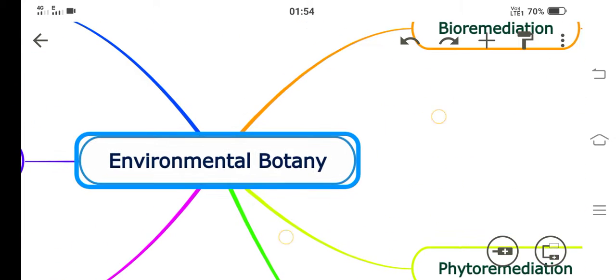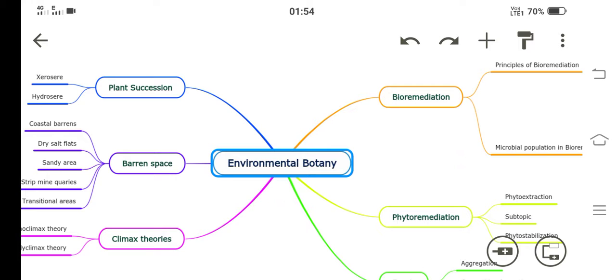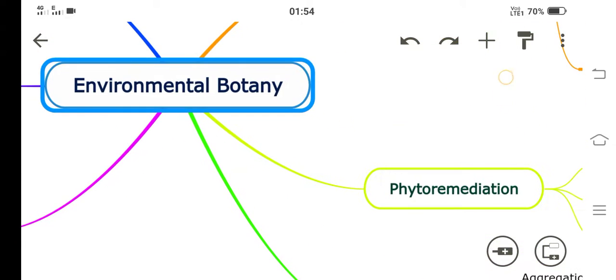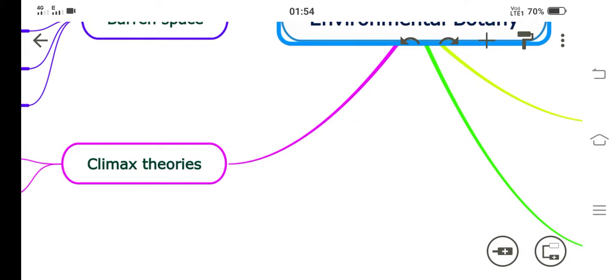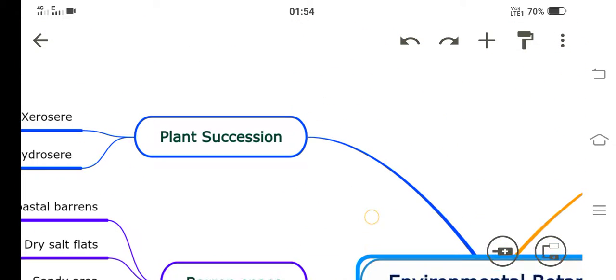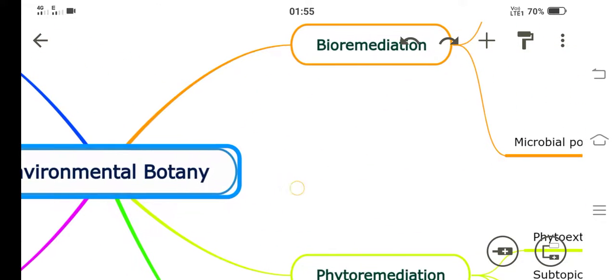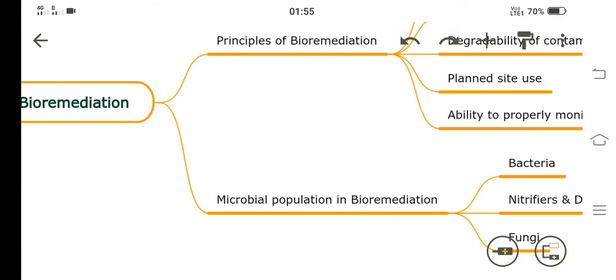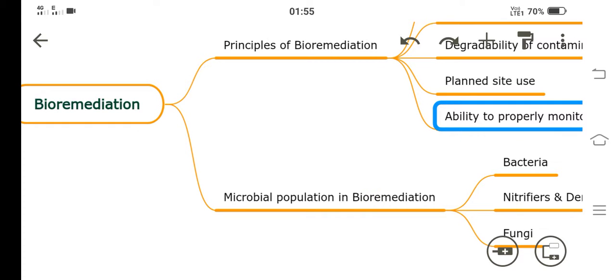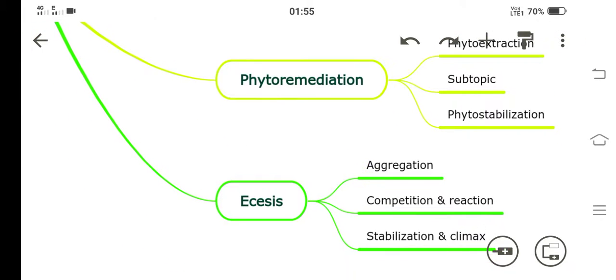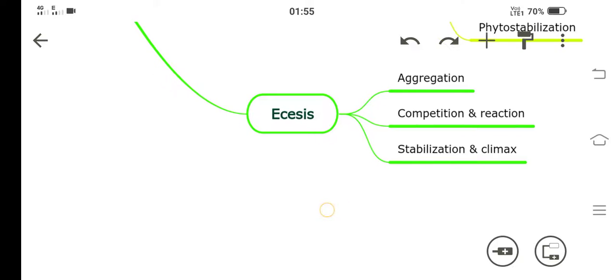We started the environmental botany unit and we studied six main topics: bioremediation, phytoremediation, ecesis, climax theories, barren space, and plant succession. In bioremediation, we studied principles of bioremediation and microbial population in bioremediation. Under phytoremediation, we studied phytoextraction, phytodegradation, and phytostabilization.